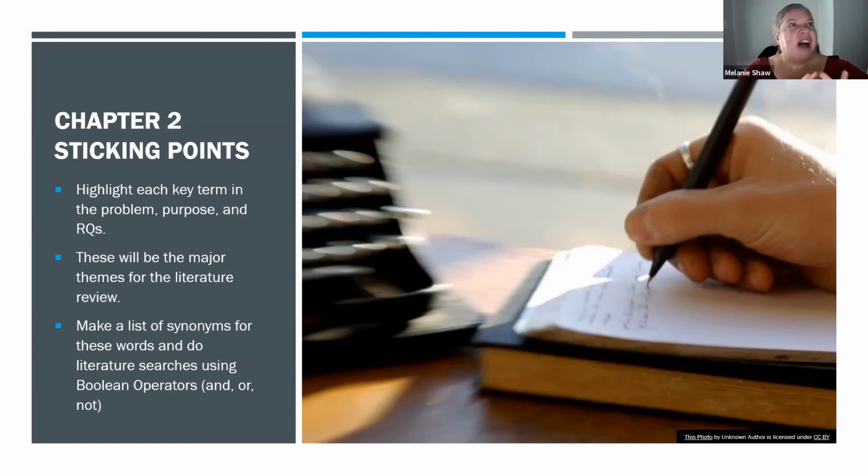If the students are finding millions of articles around their topic, it's a good indication that they may still be too broad and may need to narrow in. And so we talk about strategies to do that, limiting by geographic region or by some demographic factor of the population. Finding ways to sort of zoom in a little bit if there are too many searches that result from these keywords.